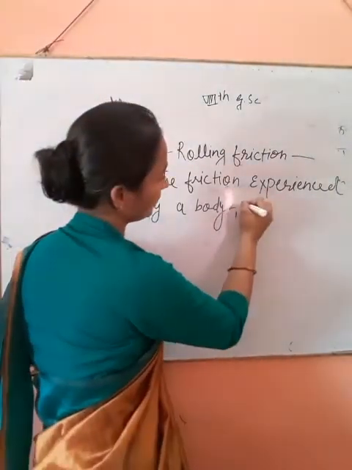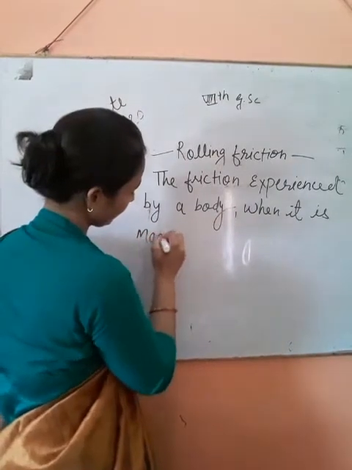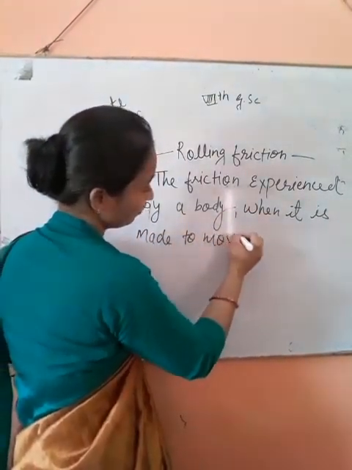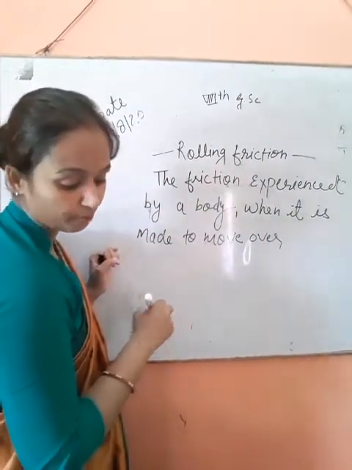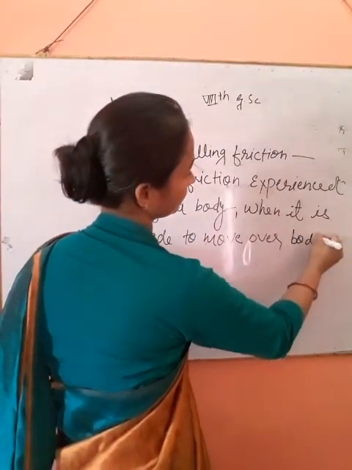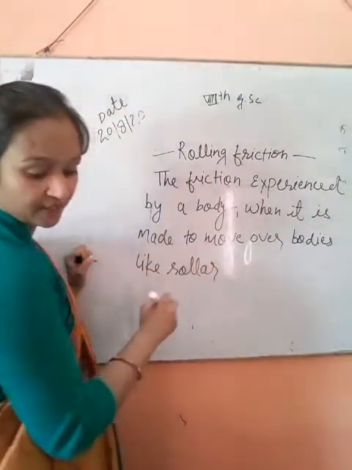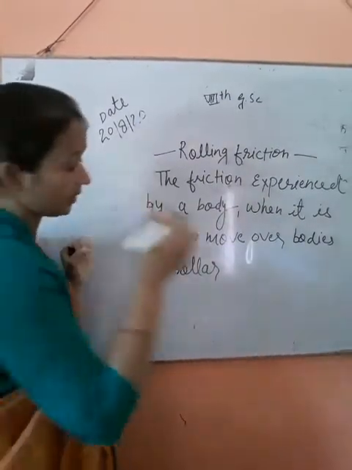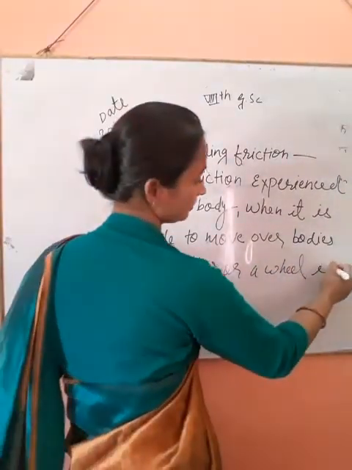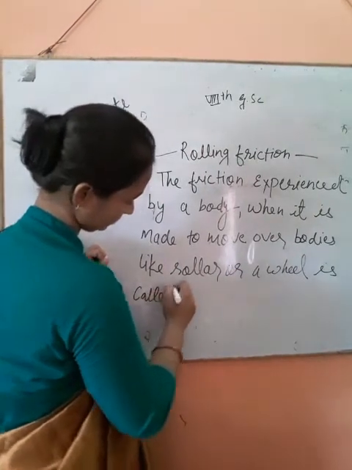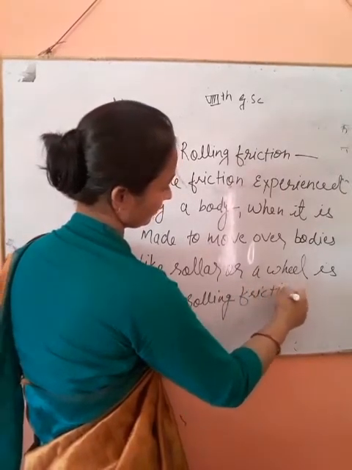when it is made to move over bodies like a roller or a wheel is called rolling friction.